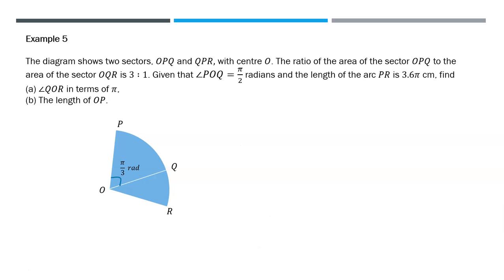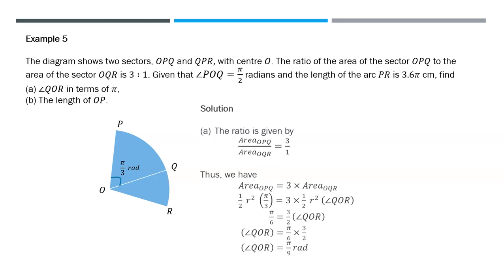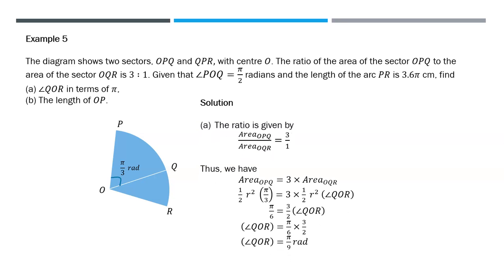So ini dia punya graph lah basically. So you have two sectors, OPQ and QPR, with center O. Ratio of area of the sector OPQ to the area of OQR is 3:1.